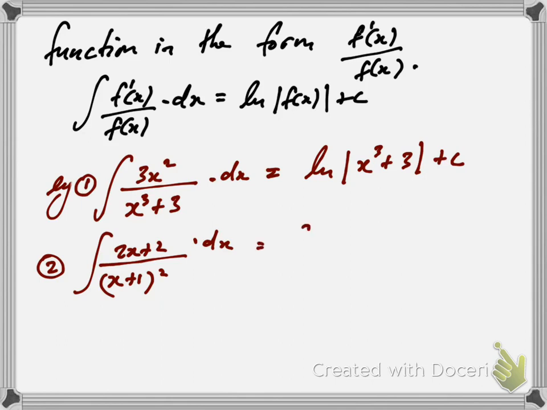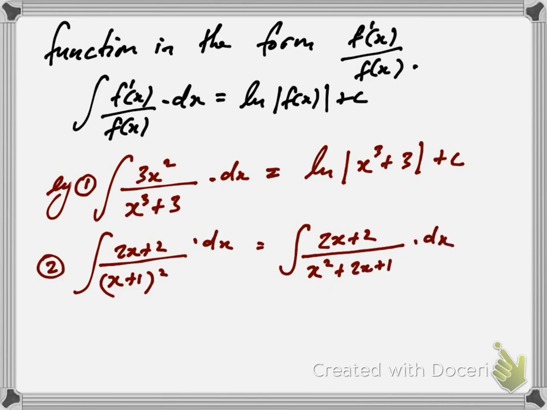We are not solving it yet, we're just expanding the bottom to see what we end up with. We end up with 2x plus 2 over x squared, and that's a perfect square, so I'm going to skip a step and use the perfect square: x squared plus 2x plus 1 dx.